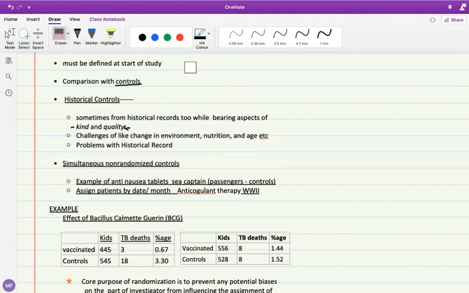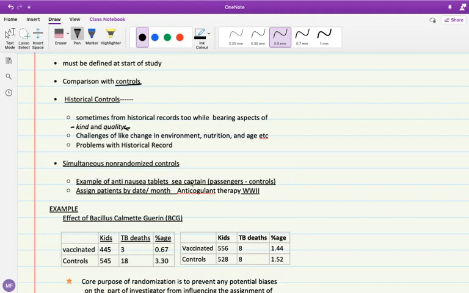A very interesting example is that let's say there was a drug called anti-nausea tablets. Anti-nausea means anti-vomiting tablets, and they were given to a sea captain, and the sea captain was given advice to check the efficacy of these anti-nausea tablets.